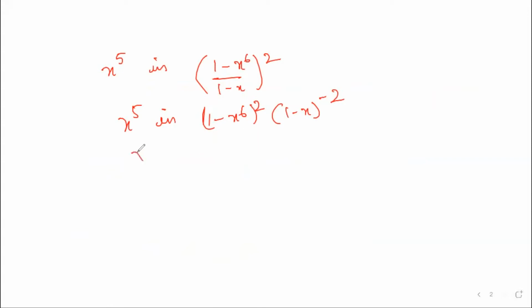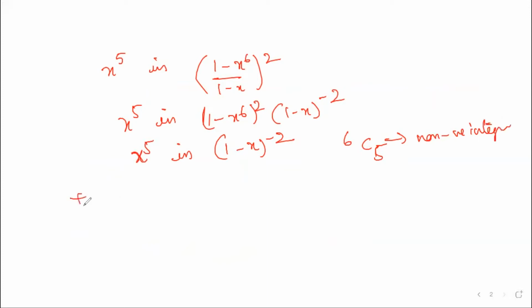So now the problem reduces to x^5 in (1 - x)^(-2). To find the x^5 coefficient, we write 6C5, that is 4 plus 2, 6C5. This would give the non-negative integral solutions.